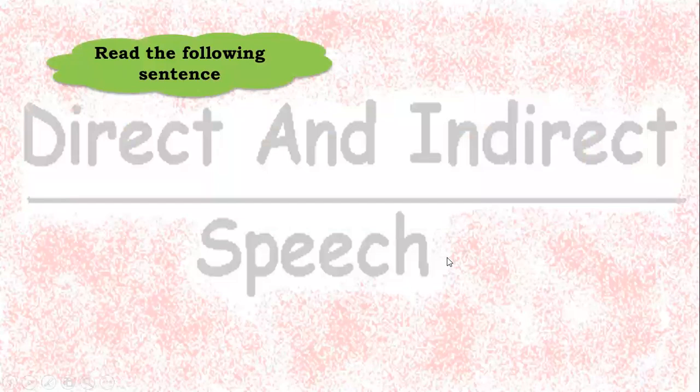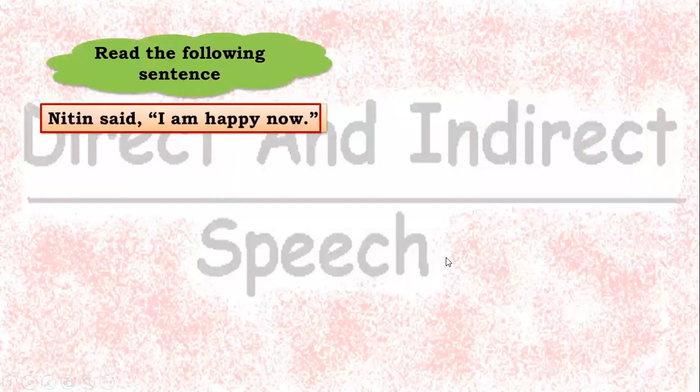First of all, we all know that in this particular concept, there are 3 people involved. I'm repeating, in this entire concept of direct and indirect speech, which is also known as narration and reported speech, we have 3 people involved. That is the first person, second person, and the third person.